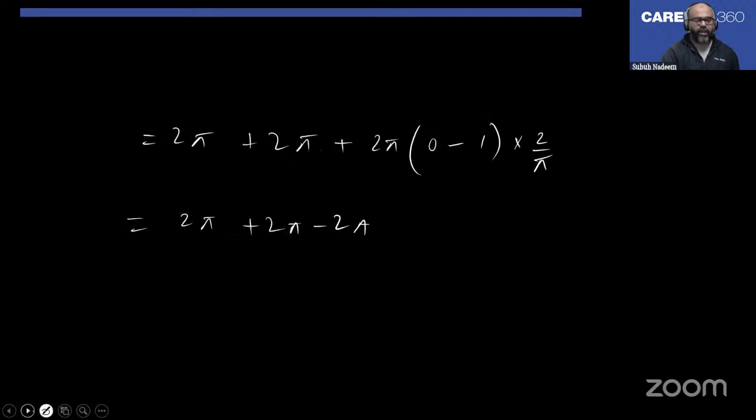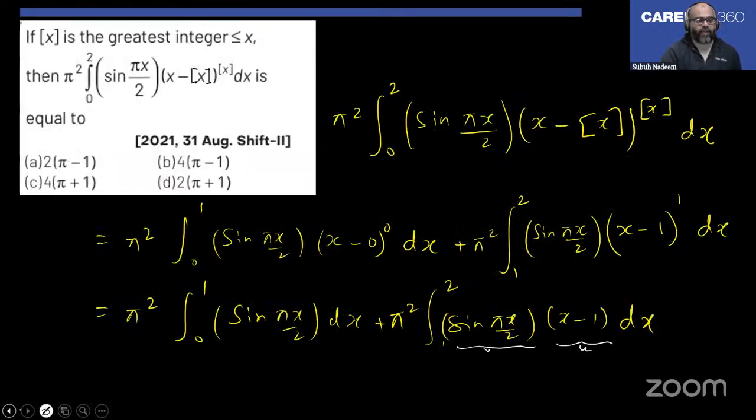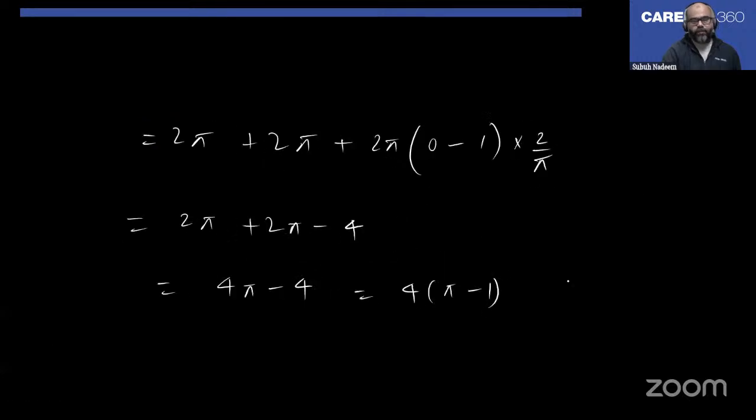Then π/2 and π will cancel and 4 will be there. So here it is 4. So it will be 4π minus 4, which is equal to 4 into (π minus 1). So if we see the correct answer, we have the answer as option B.